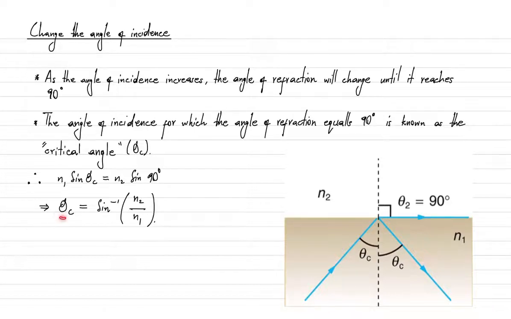And the critical angle will always depend on the media. What kind of media are you working with? It depends on the media because it's defined in terms of the indices of refraction, and the indices of refraction depend on the type of media you're working with.